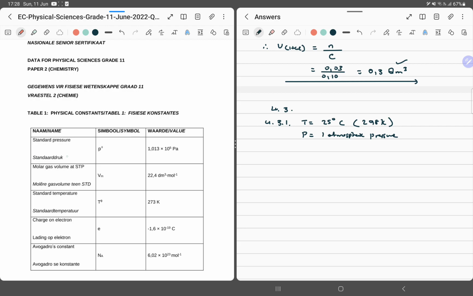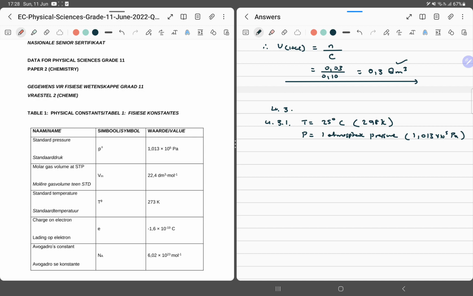That is 1,013. So that is the stuff there. That is 1,013 times 10 to the 5 pascals. Or you can equate that thing to 100 kilopascals.